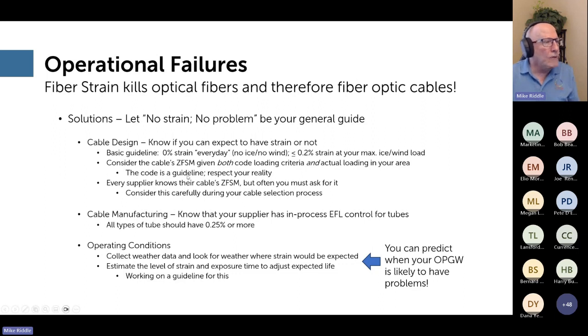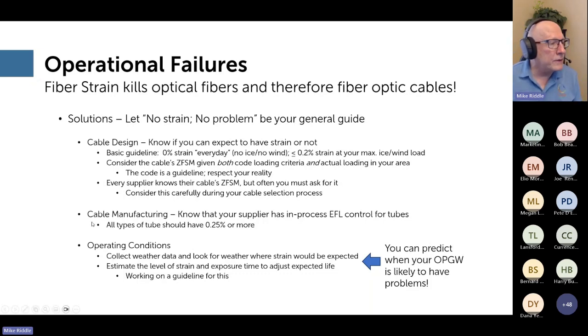The code itself is only a guideline. You should respect your reality. And I already mentioned, you can get this data from the supplier, and you should factor it into your cable selection process and your actual design process.